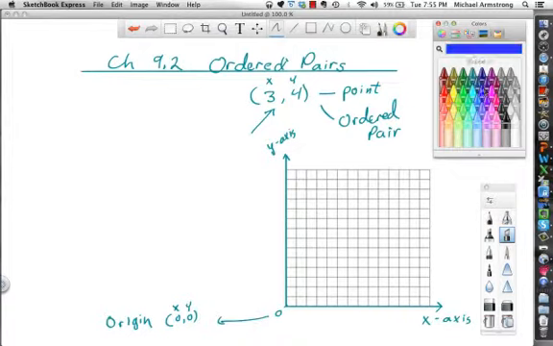Okay, so I'm going to change colors, and we're going to use this little line tool again, and we start at 0, 0. We always start at the origin, and we go 3 over in the x direction. We always go this way first. 1, 2, 3. And I should back up real quick and put some numbers in. This vertical line represents 1.